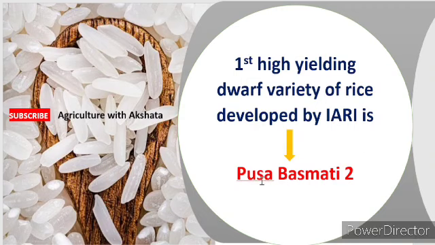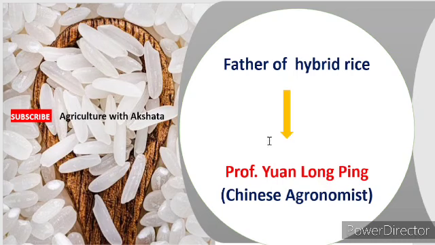The first hybrid rice developed in China in the year 1974 is Nan-U number 2. This is the first hybrid developed by Professor Yuan Longping, an agronomist in China.